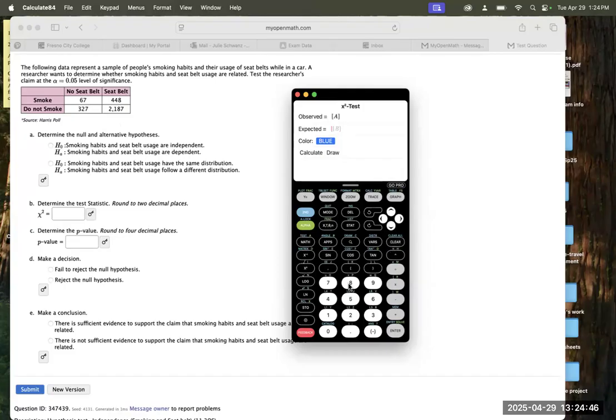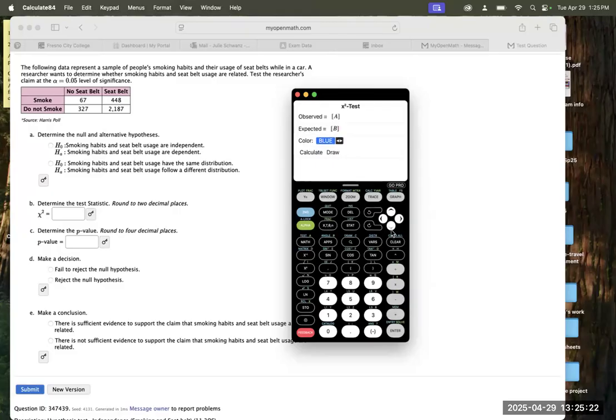Let me clear it out and help you see how I would input a matrix if I did not have one already there. We already verified there's nothing in matrix B. So I go second X to the -1, and the tab highlighted is names. This is where I go if I simply want to input the name of matrix B into the calculator. So I go down to B and press enter, and see how in this test it just entered matrix B in for the expected values.